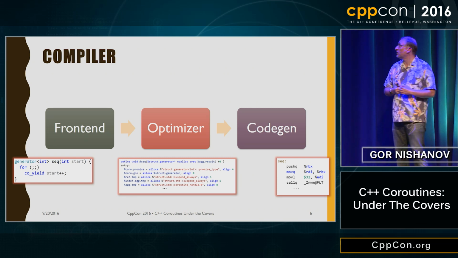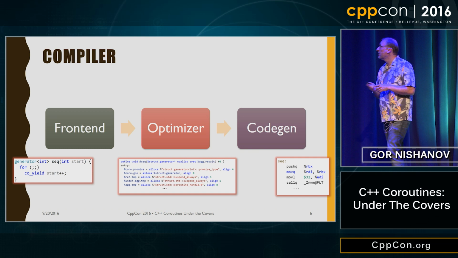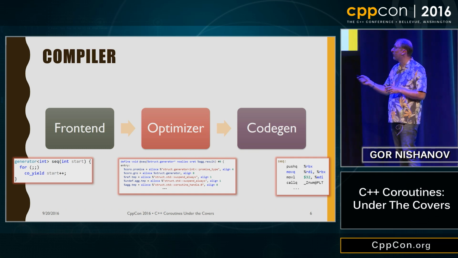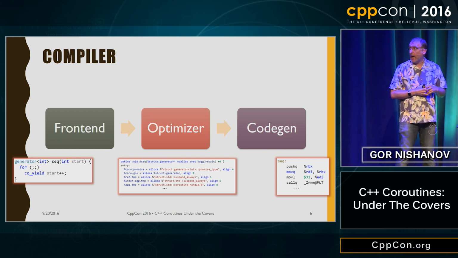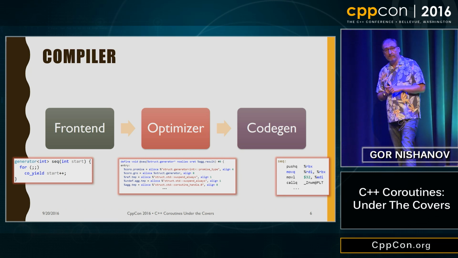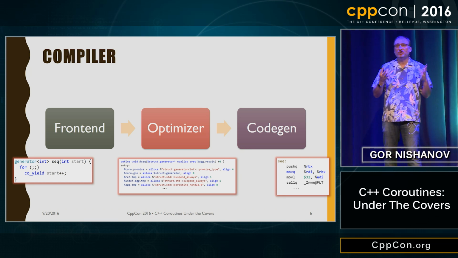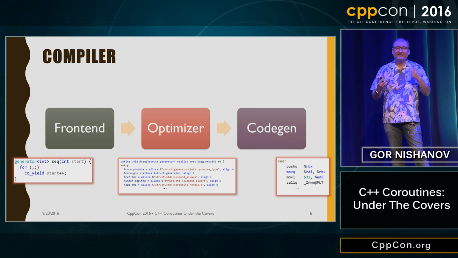So what would be a good place to implement a coroutine? Some languages implement them in the front end completely, like C# and Python. And we decided to experiment, what if we implement the meat of the coroutine here in the optimizer? And coroutine is just, at least at the C++ level, a function with suspend points.